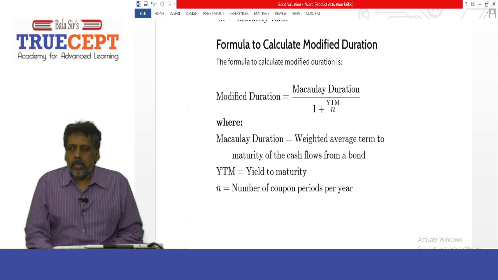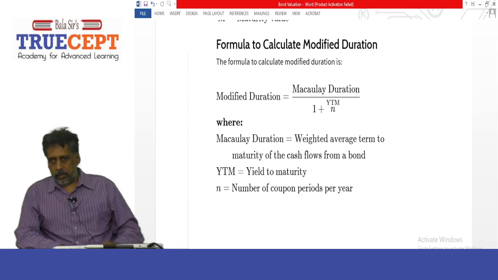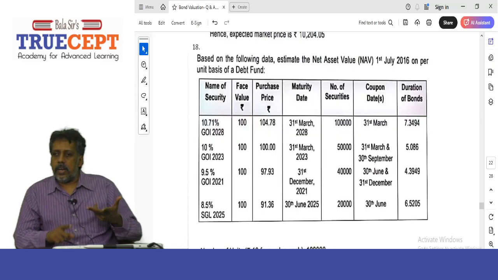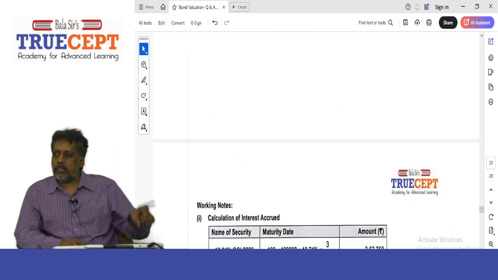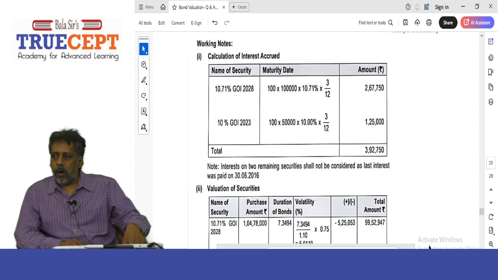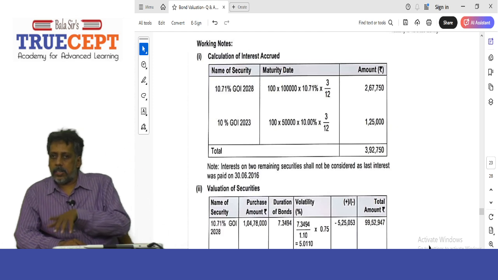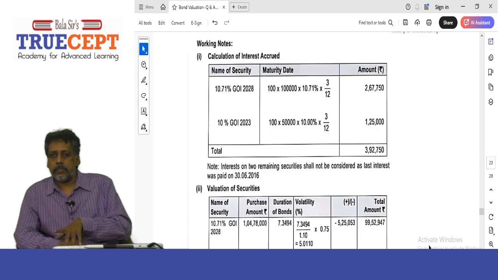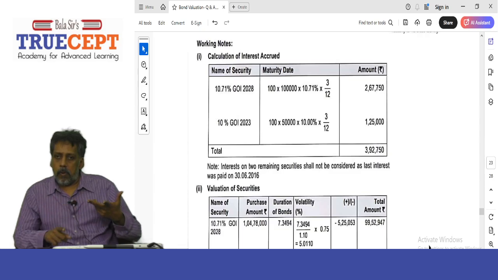Now, just see the first calculation, the first working. Let us calculate the interest accrued on the first 2 bonds. And you know that interest is always calculated on the face value of the bond. Therefore, there are 1 lakh bonds, the first one, right?